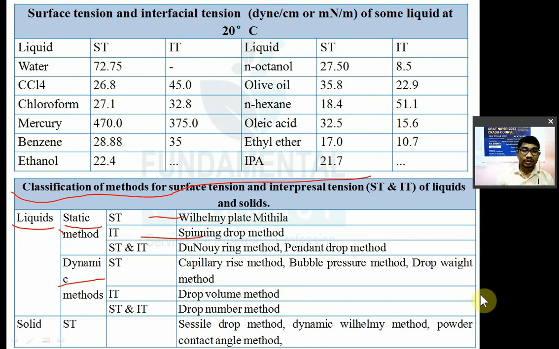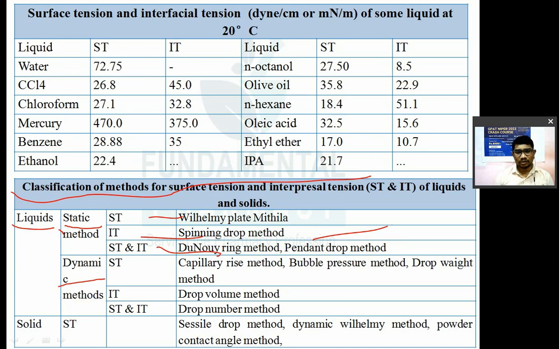Now dynamic method, okay, both surface and interfacial tension कैसे measure करेंगे. So in the static method, surface tension is Wilhelmy plate method, interfacial tension is spinning drop method. For both surface tension as well as interfacial tension, DuNouy ring method and pendant drop method. Right?